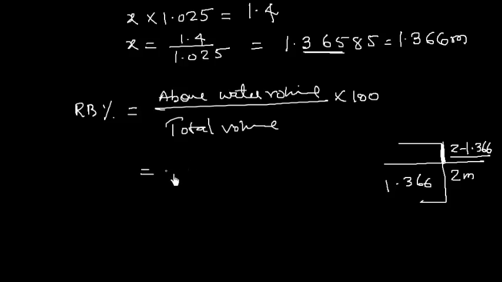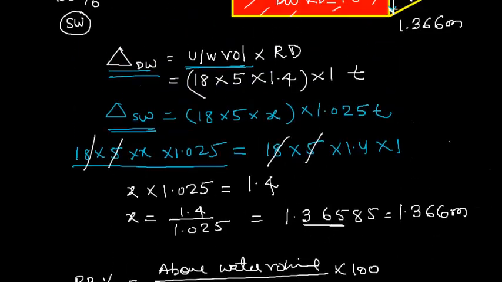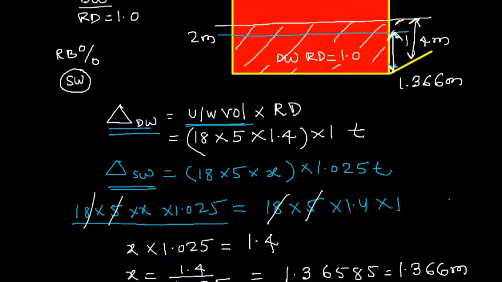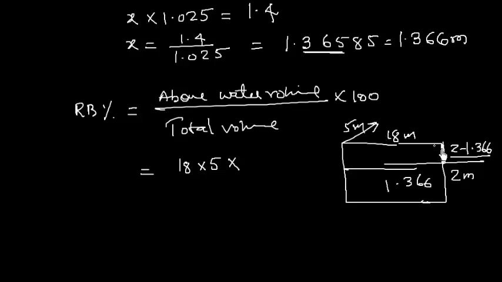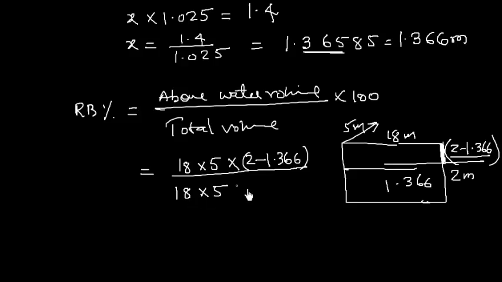So I can simply write above water volume is length, which was 18 meter, breadth was 5 meter, so 18 meter into 5 meter into this height, 2 meter minus 1.366 meter, divided by total volume, and the total volume is 18 into 5 into 2, into 100.